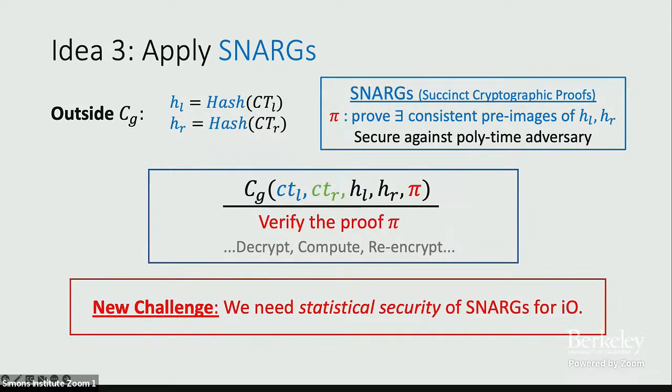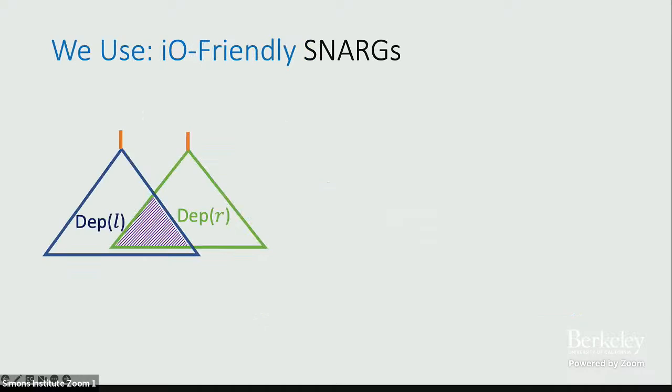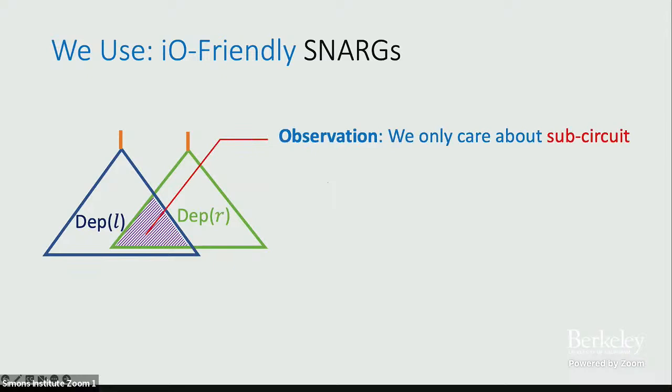But this also doesn't work directly because to use the SNARGs inside of I/O, we need the statistical security of SNARGs. I/O security requires functionality equivalence, and functionality equivalence is a statistical requirement. So our final idea is to use an I/O-friendly SNARG. The key observation here is that we, in fact, only care about the consistency of capital CT_L and capital CT_R with their intersection, with the subcircuit.